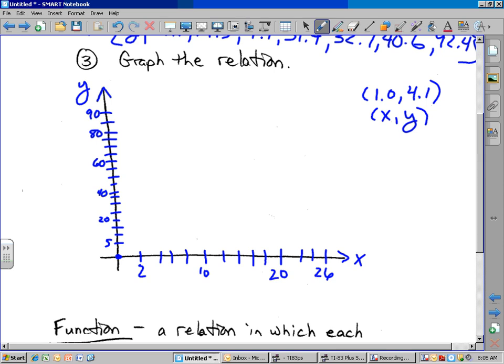Quickly I'll draw these. 1.0, 4.1, 4.9, 17.5, 4.9, 7.7.